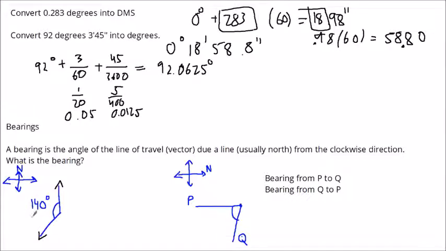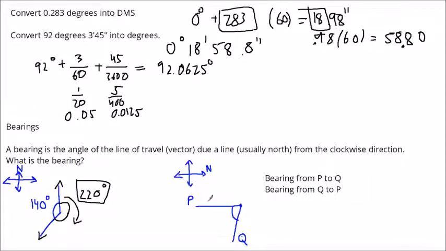So for this one, 140 degrees is not the bearing of the vector. This is the bearing, because it's going from the north clockwise. So 140 isn't the bearing. 360 minus 140 is 220. That's the bearing.